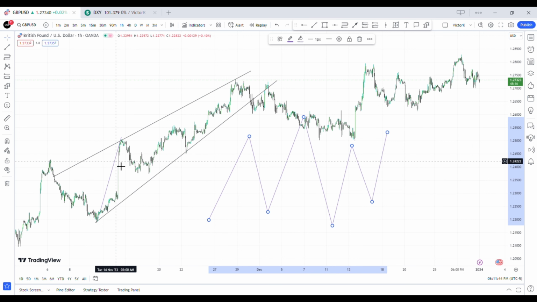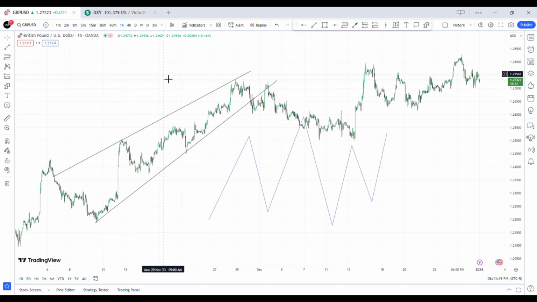So as an ICT trader, the most important thing to you is finding out where the market will go or should go and why it should go there. Then the next thing is to make sure that you are buying low and selling relatively high.